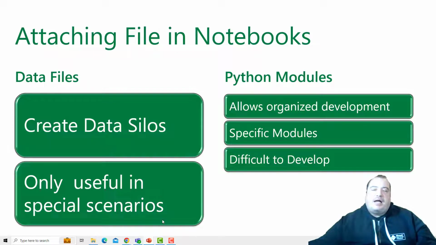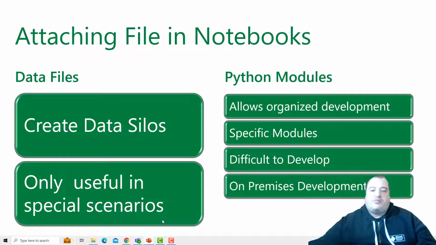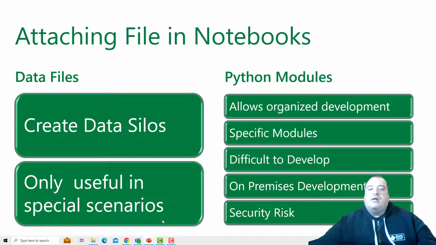But the Py files may be difficult to develop. The portal doesn't give any help to develop these Py files. We can do local development using VS Code, but there are other problems related to VS Code development. And there is a security risk.